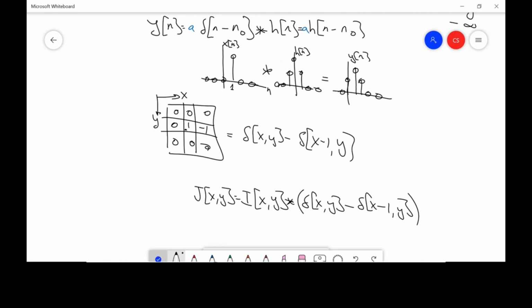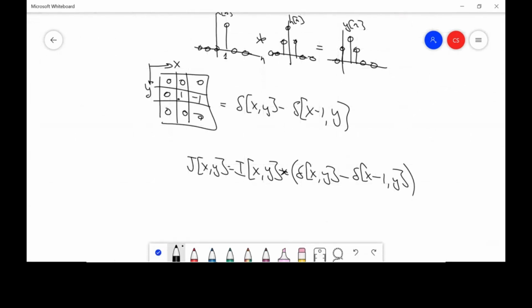Okay, then what is that? It has two terms. So the first term is I convolved with delta. But this delta is not shifted and it has weight 1, so it will simply be I. Now I have I convolved with the shifted delta. And that is I x minus 1, y.